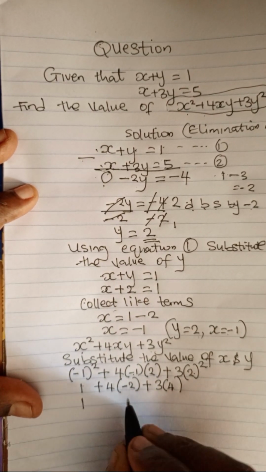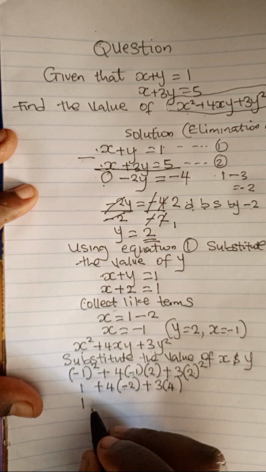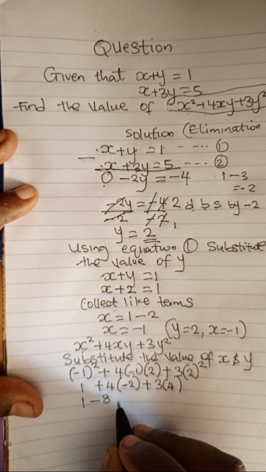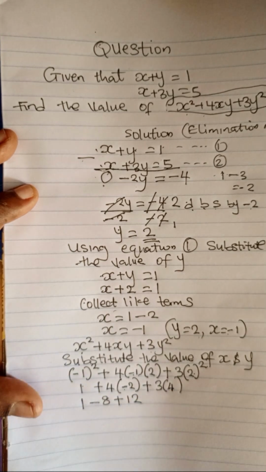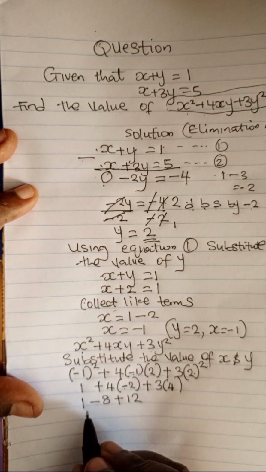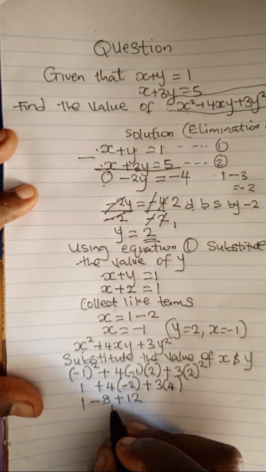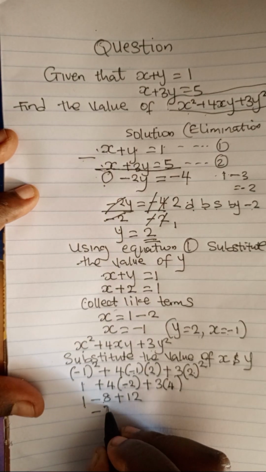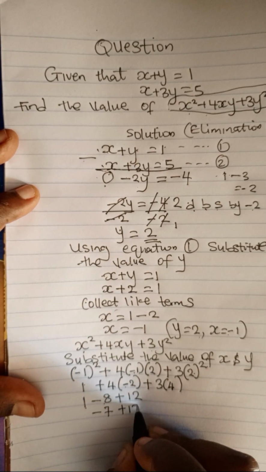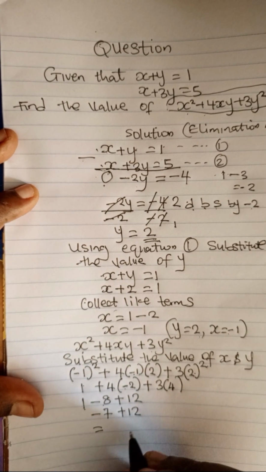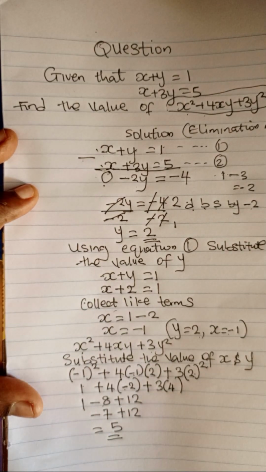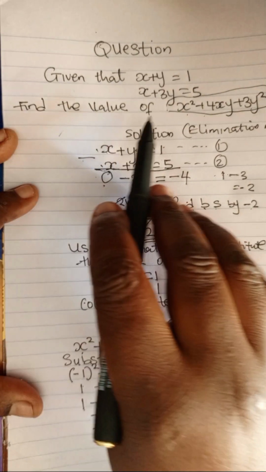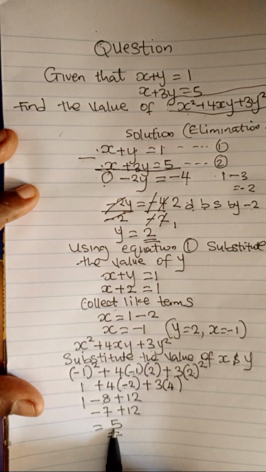We have 1, now minus 2 times 4 gives minus 8, plus 4 times 3 is 12. So we have 1 minus 8, that gives us minus 7, plus 12. Minus 7 plus 12 is equal to 5. So our final answer, the value of this expression, is equal to 5.